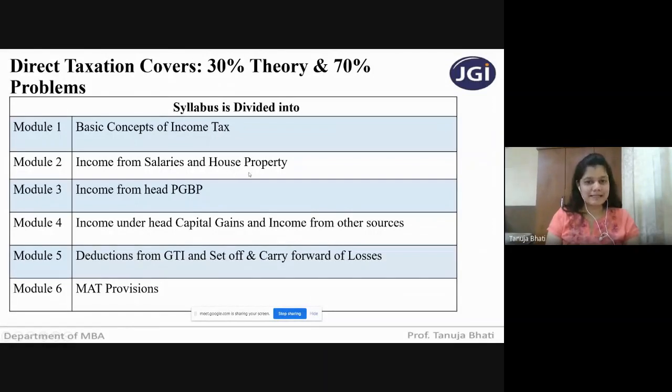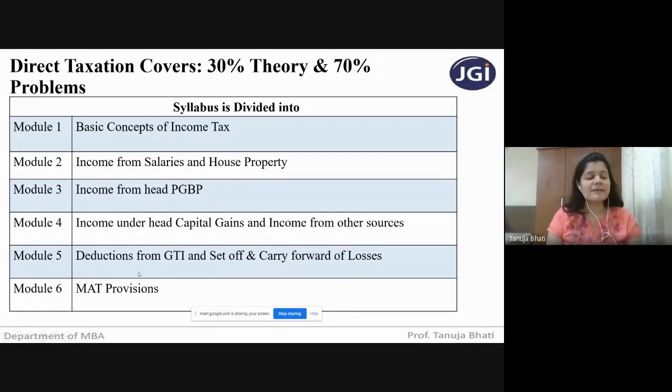Module 2 is income from salaries and house property. Module 3, income from profits and gains from business and profession. Module 4, income under the head capital gains and income from other sources. Module 5, deductions from gross total income. And module 6, MAT provisions.